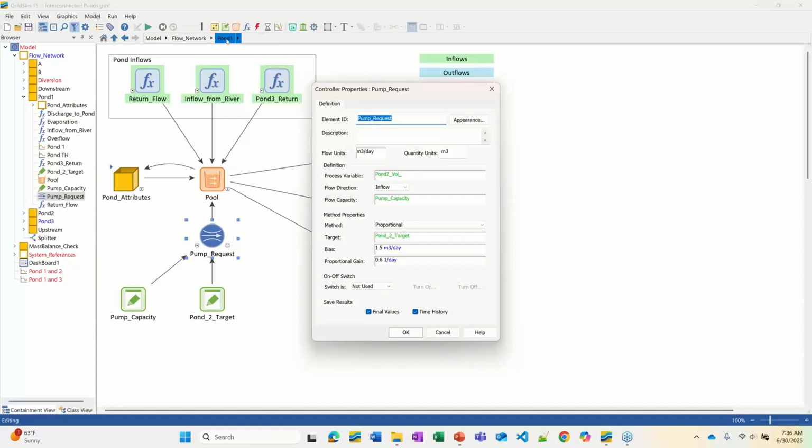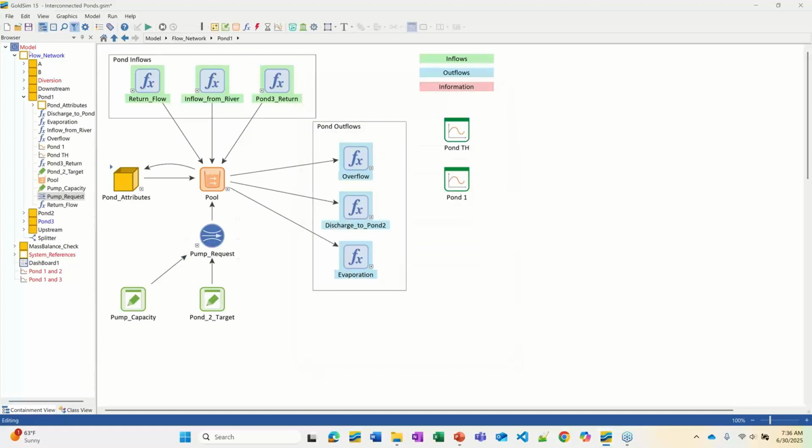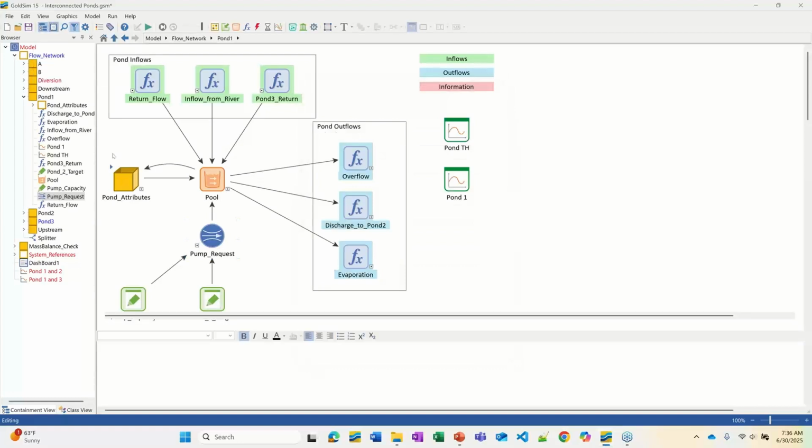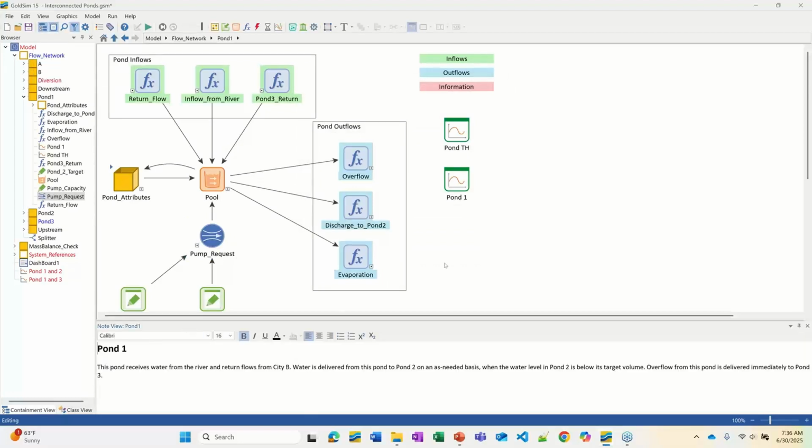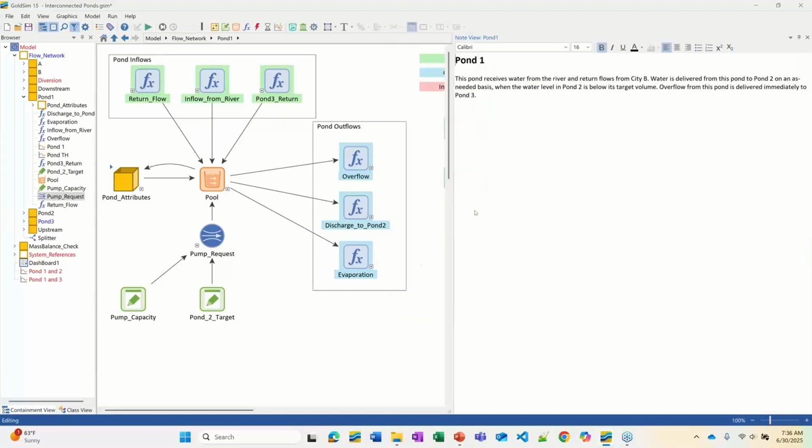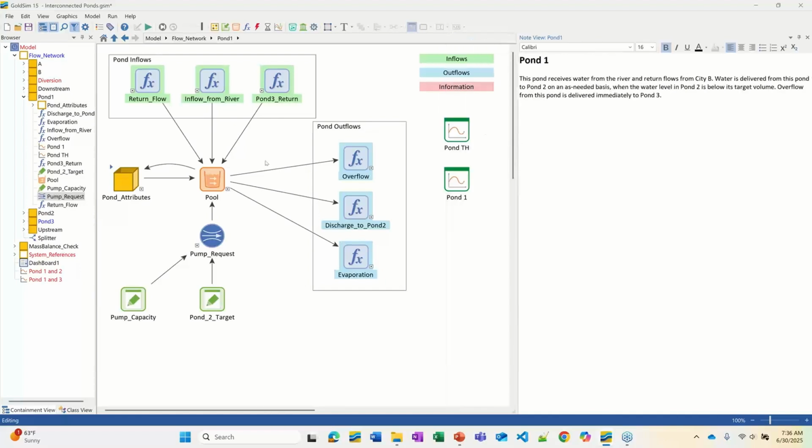So I like to use containers, we could use containers, and we could also use the note pane. But anyway, we are in pond 1 right now. I really do need to make a quick note about that, by the way: if you're going to build a model this way, I recommend using the note pane heavily, because when a reader comes into this model, it's really important for them to understand where they are.